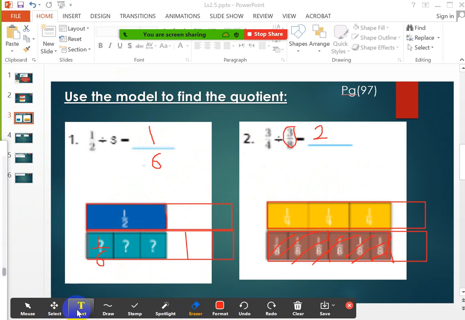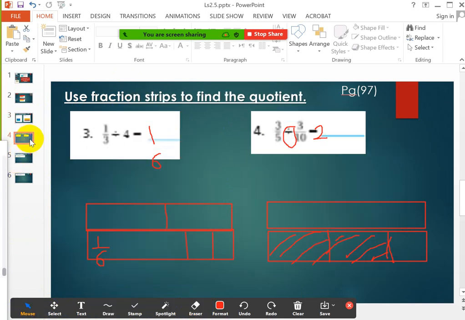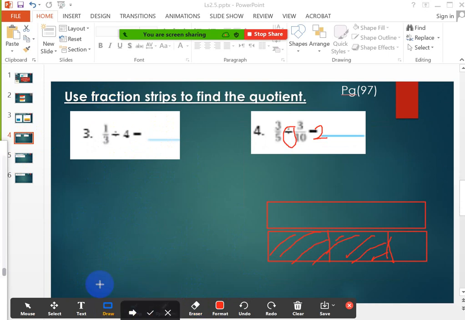We will repeat now the same idea. Girls, I want you to focus with me. I want to divide 1 over 3 by 4.